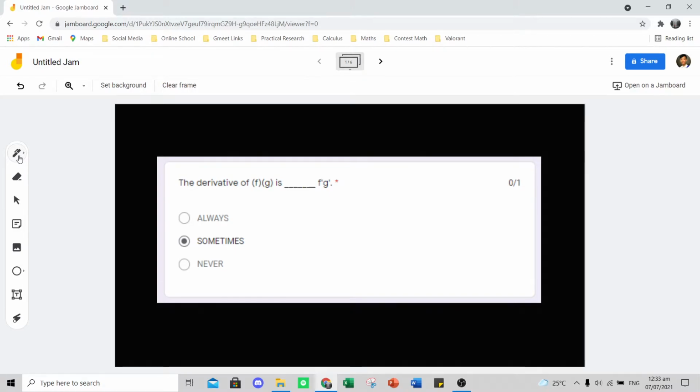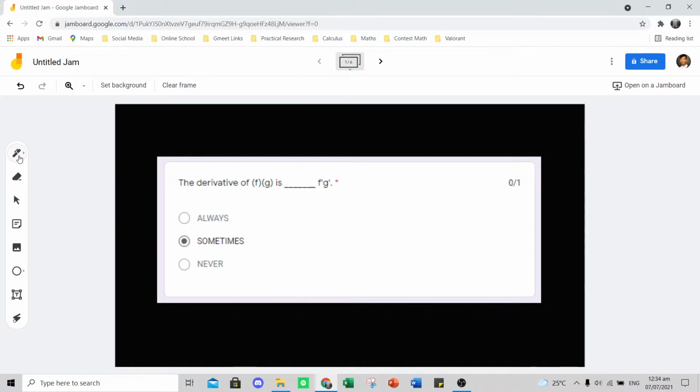The other interpretations would be that the general formula of the derivative of fg, the product rule, is f prime g prime, and that is obviously never. Or that f and g can be any function, and that answer is in fact never.